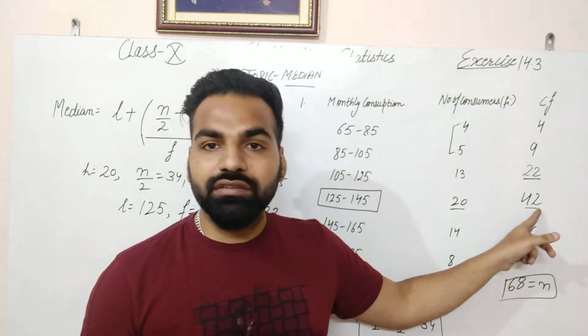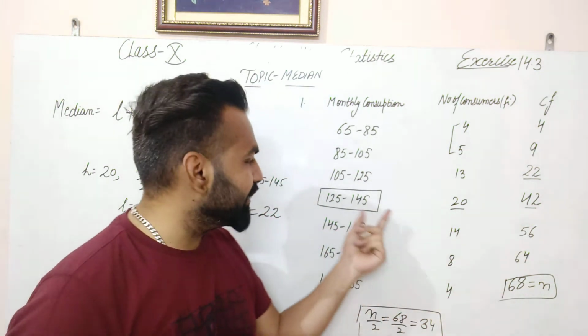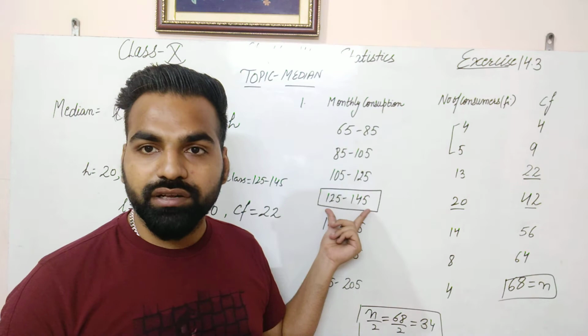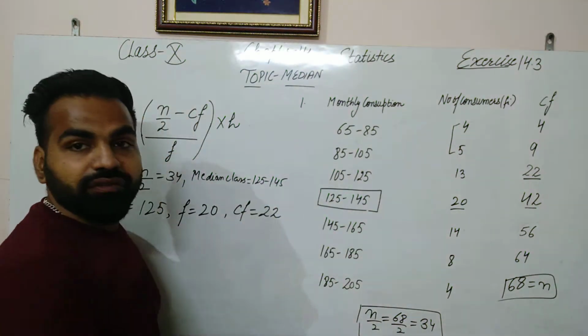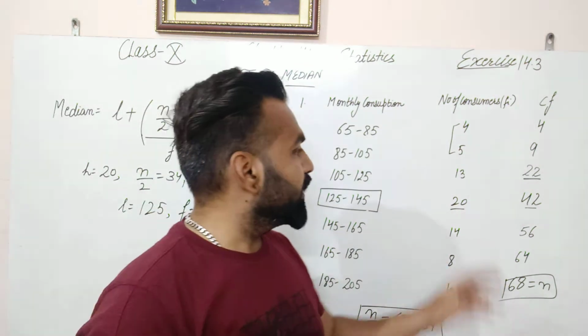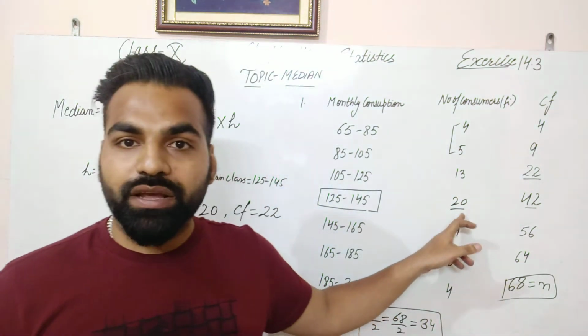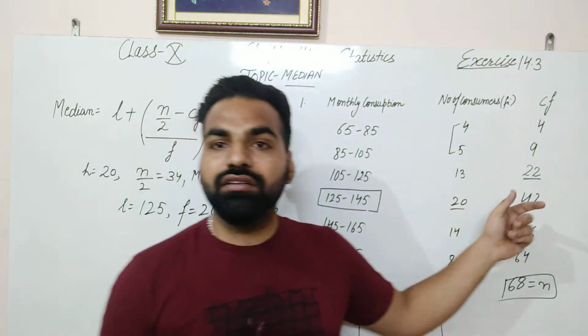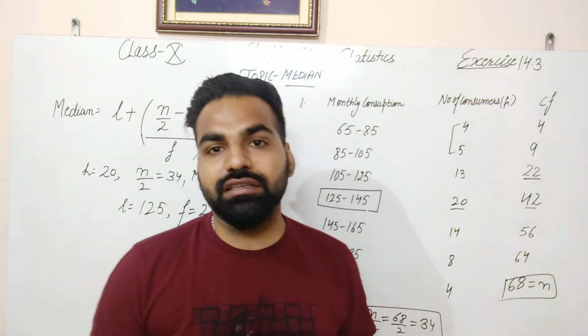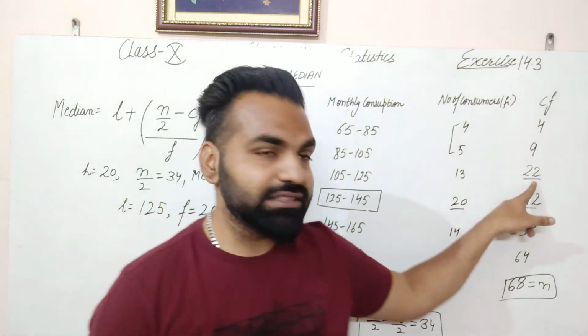The class interval with respect to 42 is the median class, that is 125 to 145. The lower limit of this median class is the value of L, that is 125. f is the frequency of the median class, that is 20, and CF is the cumulative frequency of the class interval preceding the median class, that is 22.